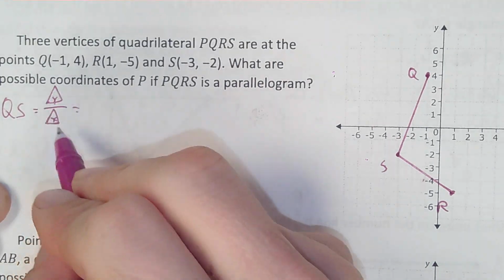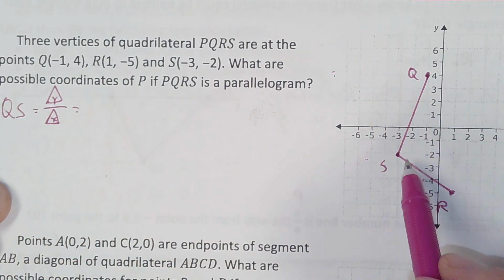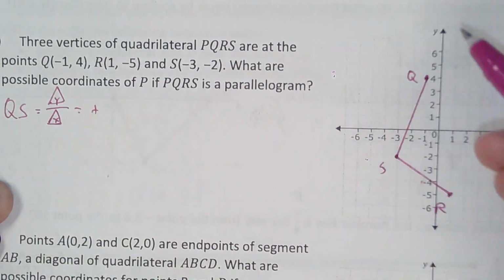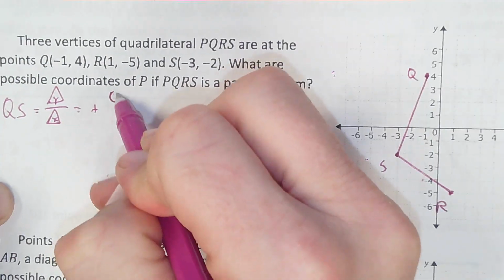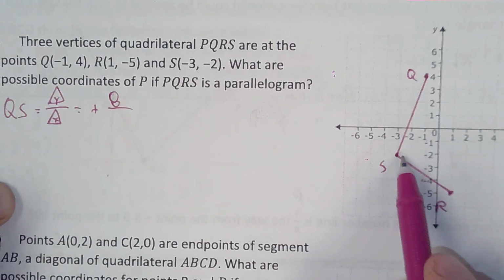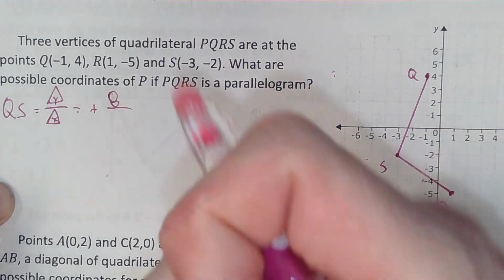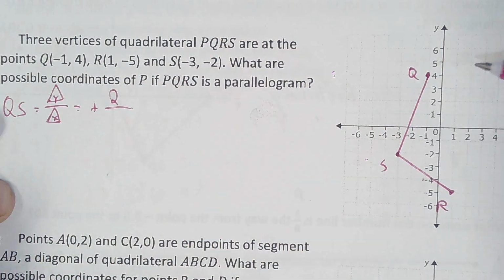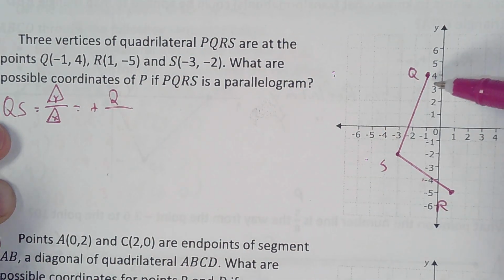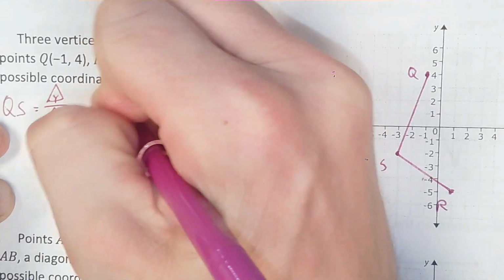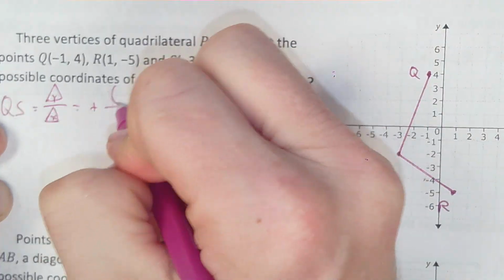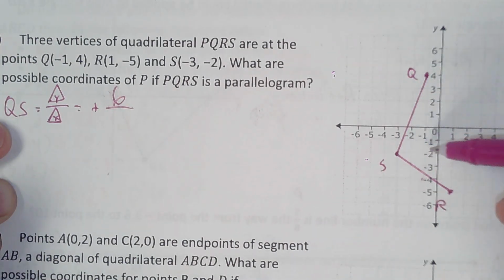QS is a positive slope, and the change in y goes from 4 to -2, that's a change of 6, over a change in x of 2.